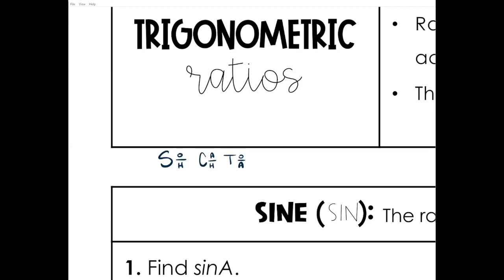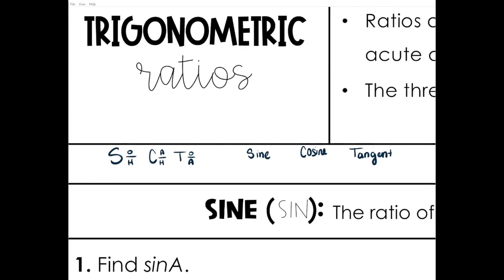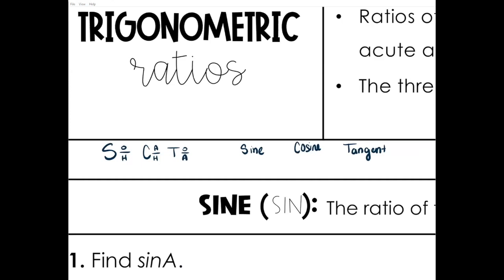Okay. So in SOHCAHTOA, the S stands for sine. The C stands for cosine. And the T stands for tangent. The other letters are all the comparison of the sides, okay?